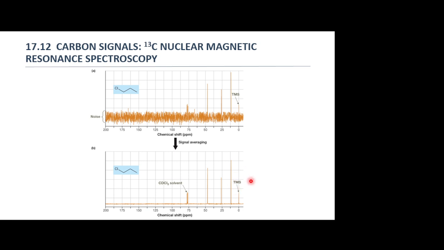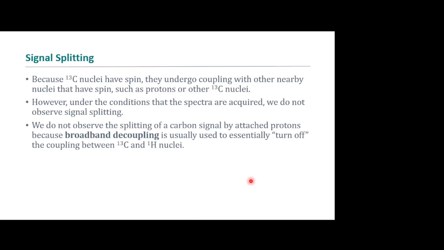And then we add that back in as data points later so that we can actually identify what our carbon peaks are, and how many we have. Okay? All right. And this is actually what's referred to as broadband decoupling. And broadband decoupling is literally what it says. It's decoupling of the hydrogen and carbon spin-spin states. Okay?